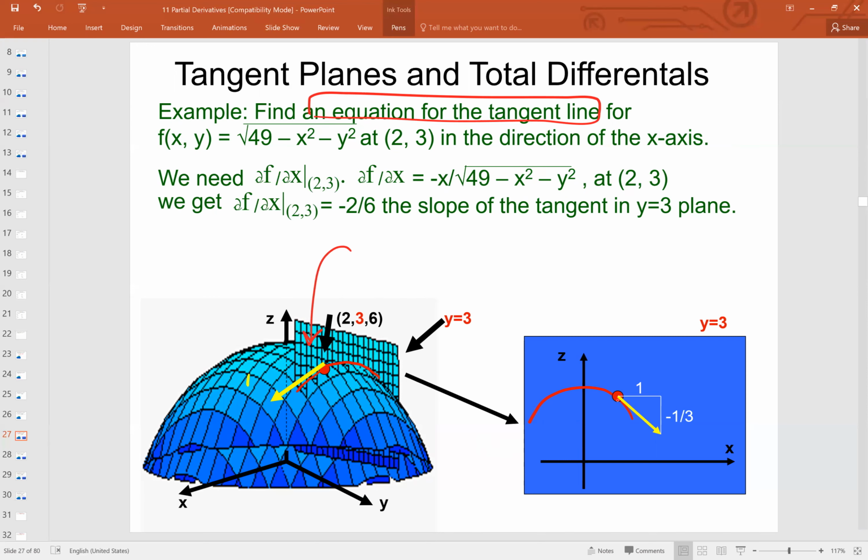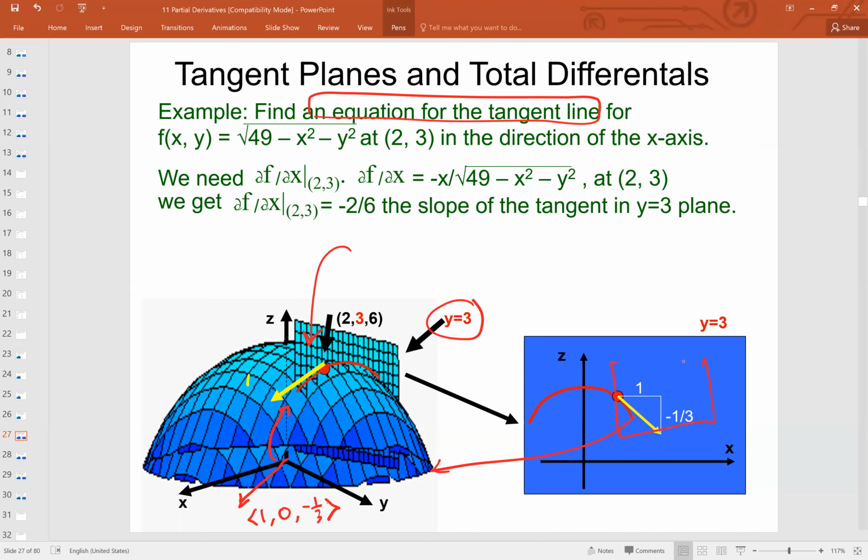This gives me the direction vector, because if I put these vectors back into standard position, it will be in the y plane. In three dimensions, the direction vector is 1, 0, minus 1/3. That's the direction vector.